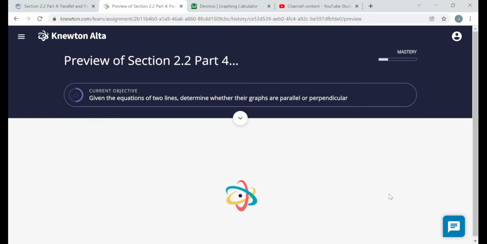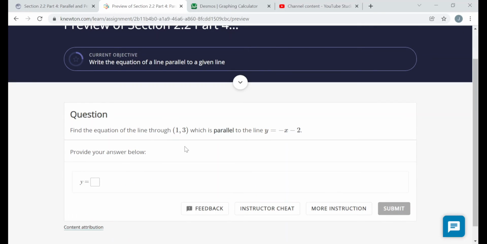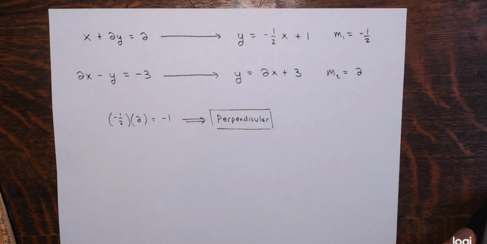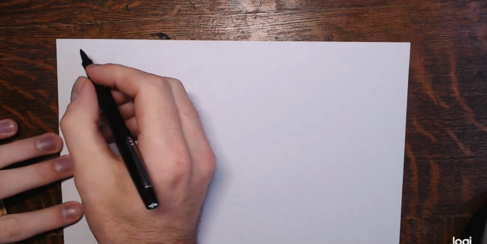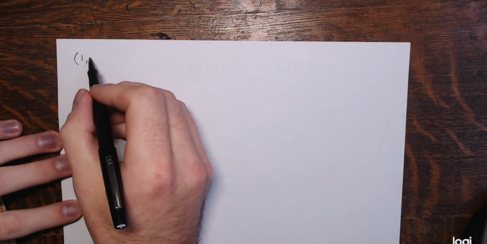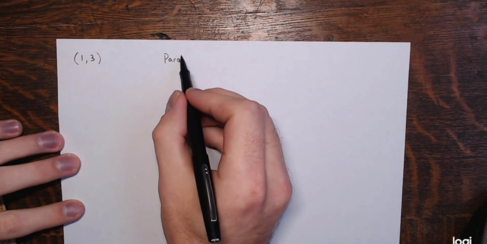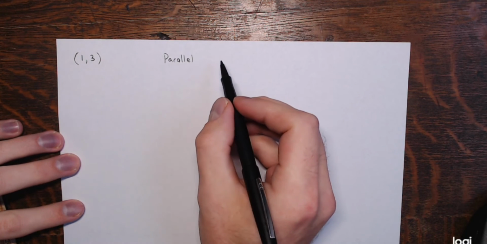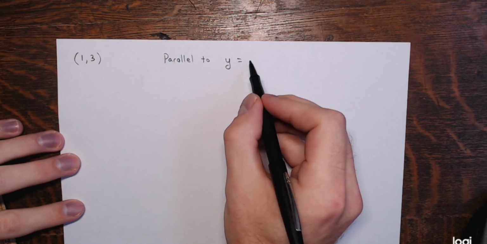Alright, moving on. So back to that parallel one again, writing the equation of a line parallel to a given line. Just flipping this over. The point that our line passes through is 1, 3. And we're told that our line is parallel to this line, y equals negative x minus 2.